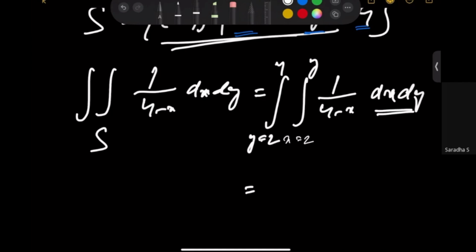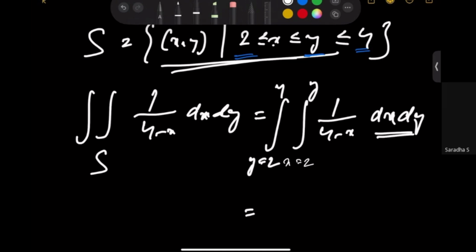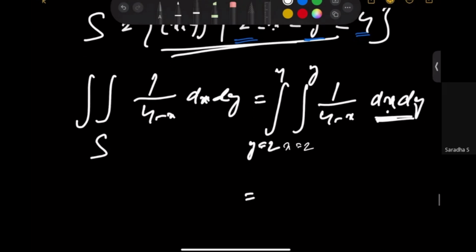We can change it into dy dx. Think about something that we have done. See, there's a hint I'm telling you. You are integrating first with respect to x and then with respect to y. So can we do something about it so that maybe the thing becomes very easy?